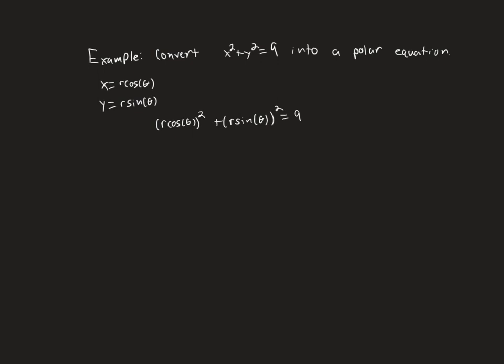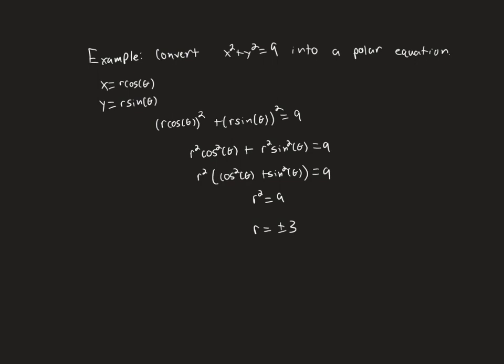So we have r squared cosine squared of theta plus r squared sine squared of theta equals 9. Then we can factor out an r squared, and cosine squared plus sine squared is 1. So r squared is 9, so r equals plus or minus 3.